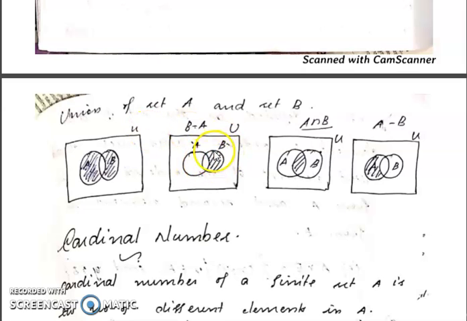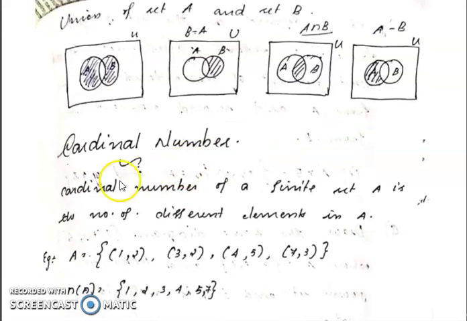B minus A: from B we subtract A. A intersection B is the common region. A minus B: from A we subtract B. That is the representation of the Venn diagram.